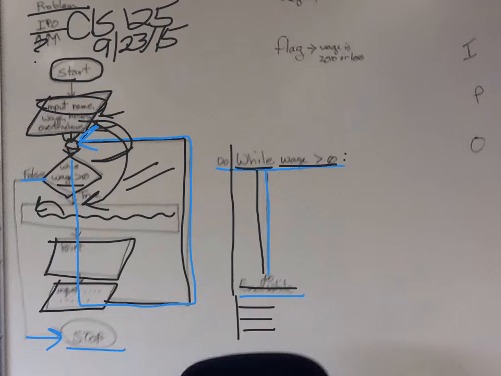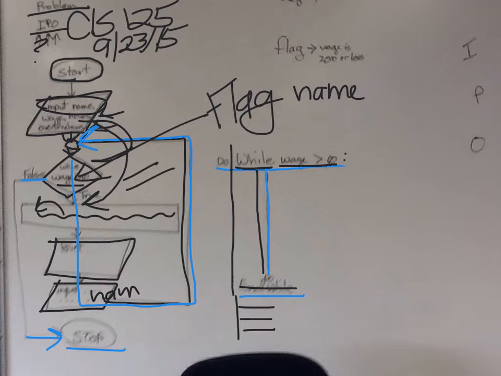Then you could process, and then here you can get another name, and your flag could be the name, like ending with done or exit or whatever, and then have your other inputs inside here before you process. Alright, so we did the code for that, and the students should have that. I think we did it in groups, so you should have that code.